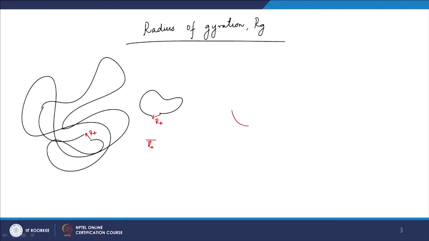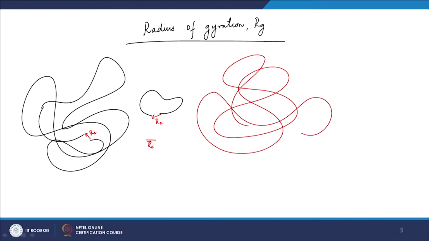So the quantity we are going to define now, the radius of gyration, tells something directly about the size of a polymer chain in terms of the volume occupied by the polymer chain, and in this sense it is very useful.